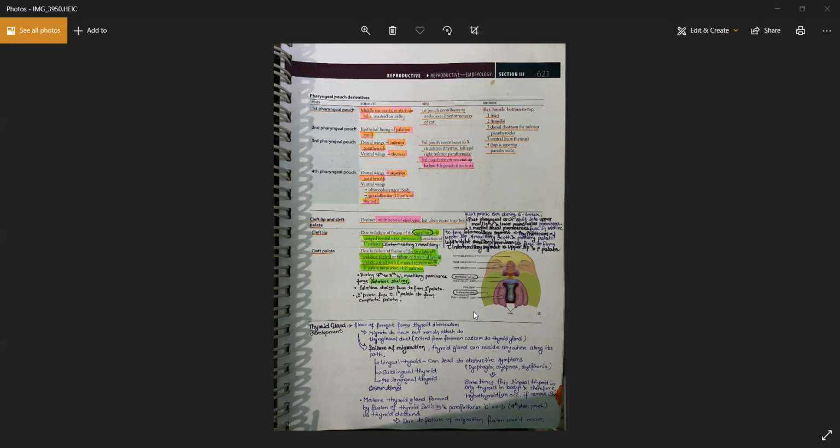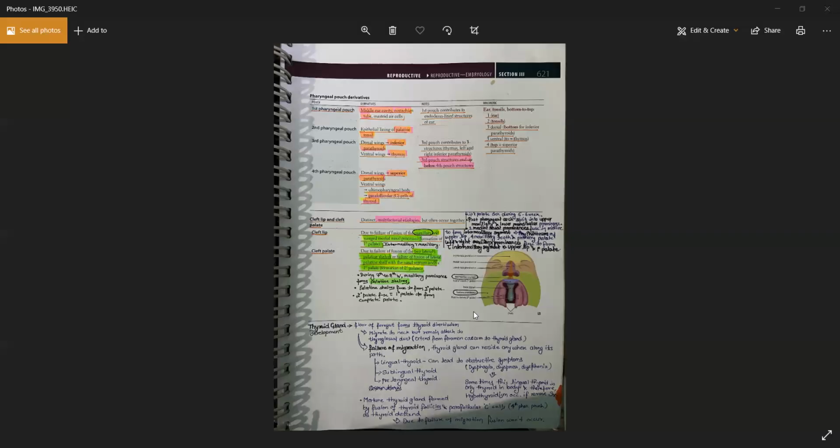Gag reflex. Why not the cough reflex? I have involvement of the 10th nerve in the cough reflex also. Why just the gag? Because for gag you have the glossopharyngeal as well as the vagus nerve.